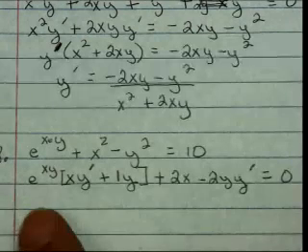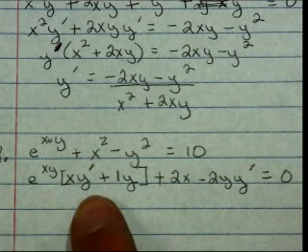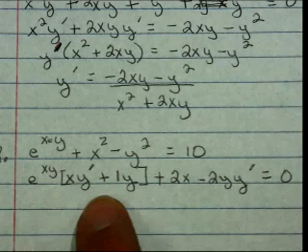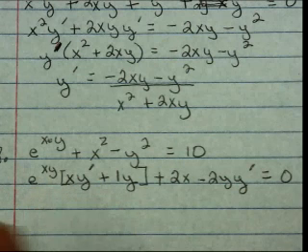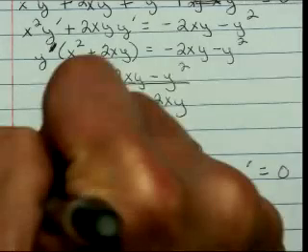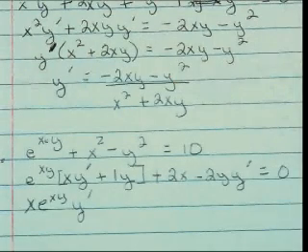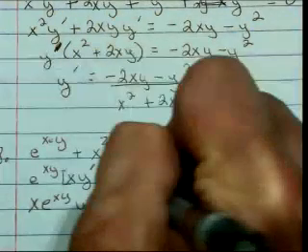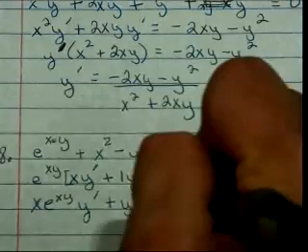You're going to have to distribute that e to the xy so that you can get the terms with a y prime on one side and the terms without a y prime on the other. Just as if that were a 3, you'd have to distribute the 3. Here we have to distribute e to the xy. x e to the xy y prime plus y e to the xy. And that's all I'm going to do in that step.